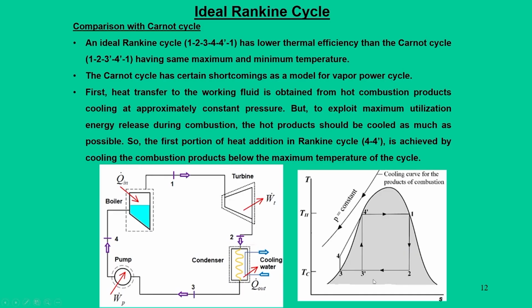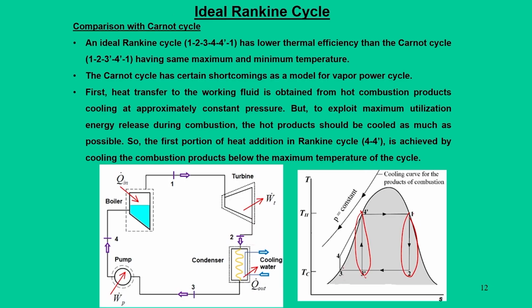When you see this Carnot cycle in a TS diagram as 1, 2, 3 dash and 4 dash, the expansion work and the compression work are effectively of the same order. So, it has no meaning as far as practical utility is concerned, and the main reason is that point 3 dash is shifted to point 3.